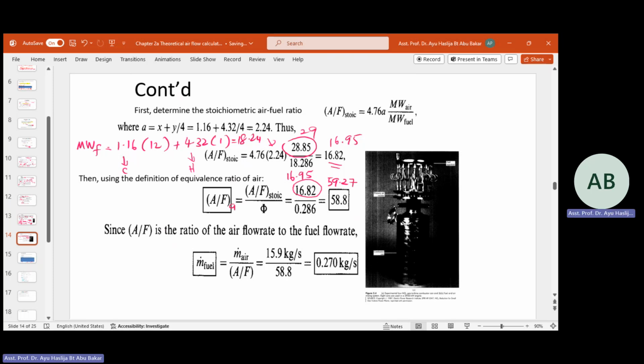Dapat. Okay, so once kita dapat AF actual, kita boleh cari M fuel. The AF actual we know is M air over M fuel. So kita nak cari M fuel.